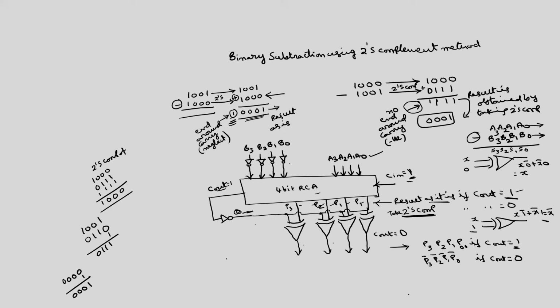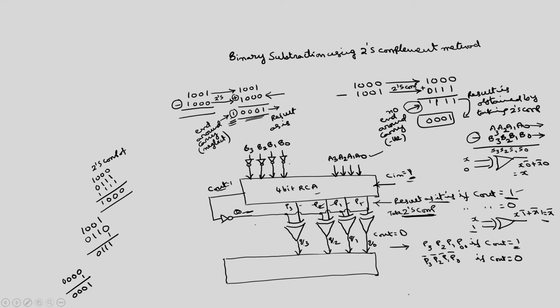So, we need to connect one more 4-bit ripple carry adder here. One set of the inputs is this one, which I call Q3, Q2, Q1, Q0.